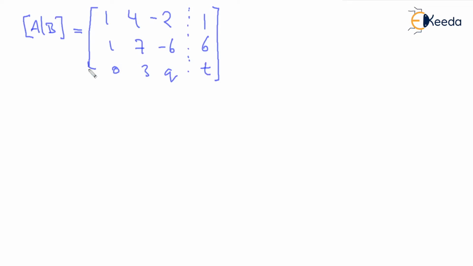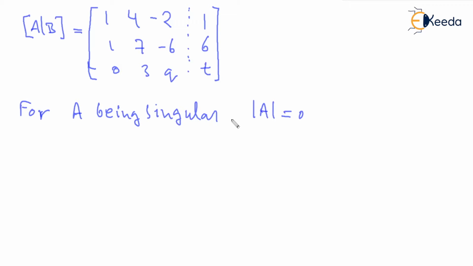Fine. So for A being singular, I want you to observe something here. Instead of solving in a conventional method, let's see in a different manner. This says that the determinant should be equal to 0. And we also know that if any row or any column depends linearly on another row or column, then the determinant is going to be 0, right? So if there is a linear relationship between rows and columns, the determinant is 0.